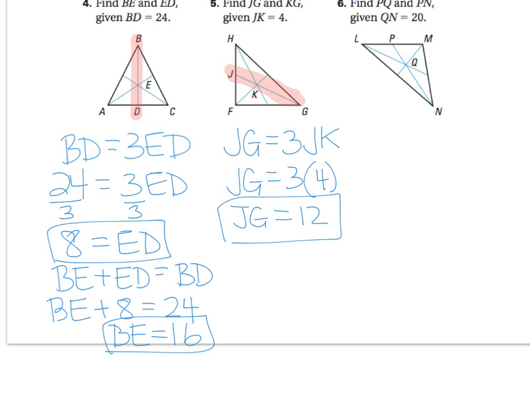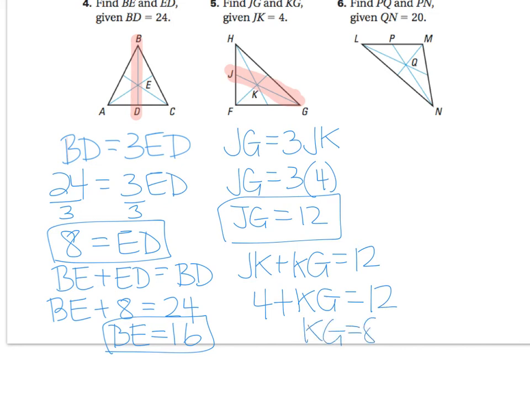The two pieces added together give you the whole length. So JK plus KG equals 12. JK is 4, so KG equals 8.